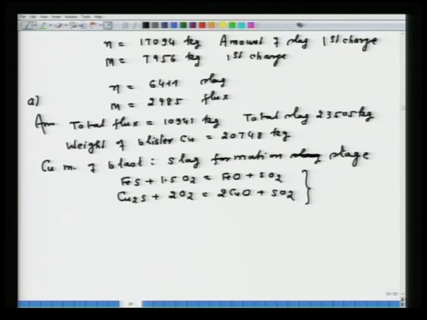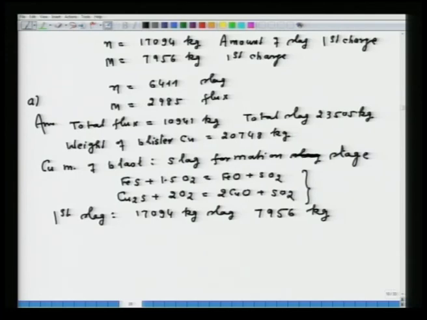Okay. So, we know that for the first slagging period the slag was 17,094 kg, the first slag, and the flux we needed was 7,956 kg. This is what we have calculated.